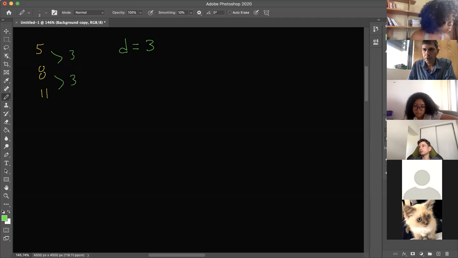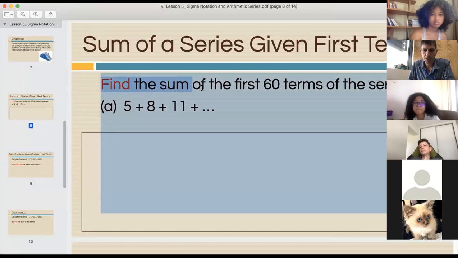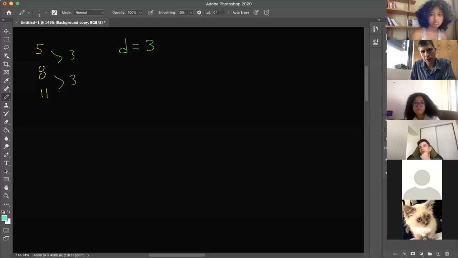So this question just says find the sum. So we're just going to look for the sum. When it says find the sum, we're going to use this formula, Sn. This just means the sum of the terms in the sequence.